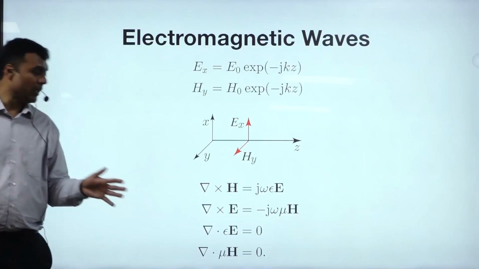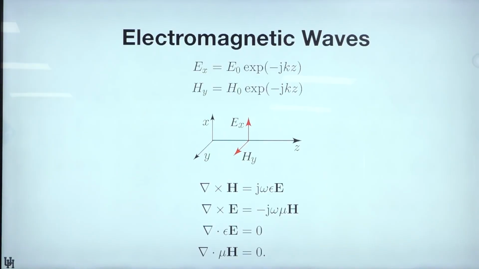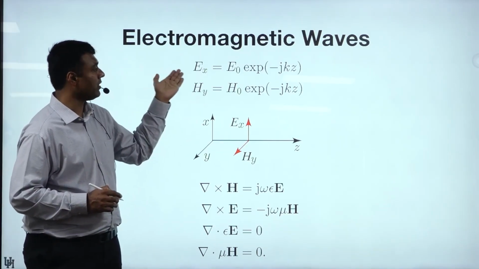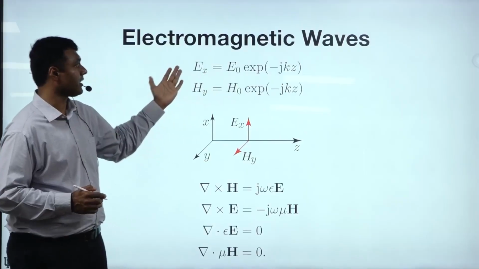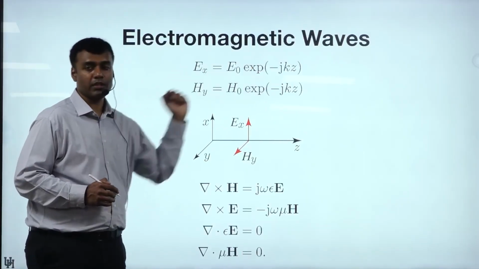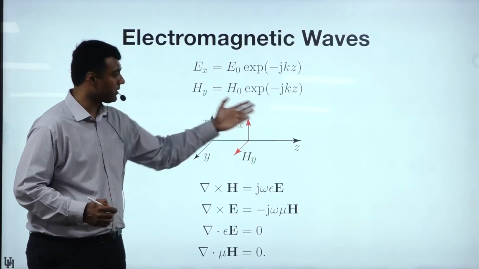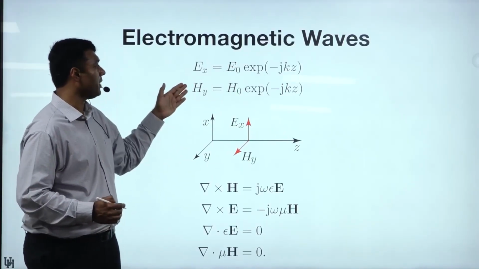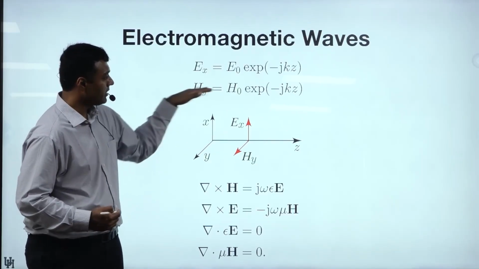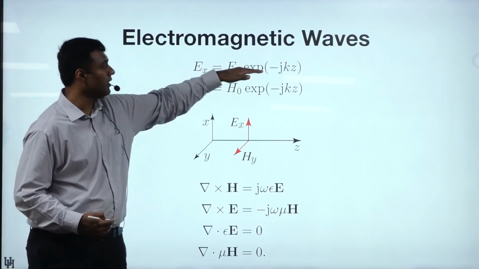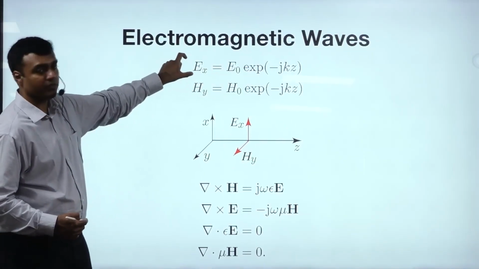So in these kinds of situations, for example, if you just look at Ex, the electric field along the x-axis traveling along the z-axis, then this is the equation, and for the magnetic field along y traveling, this is the equation. This is just for Ex, which is one component of the vector.